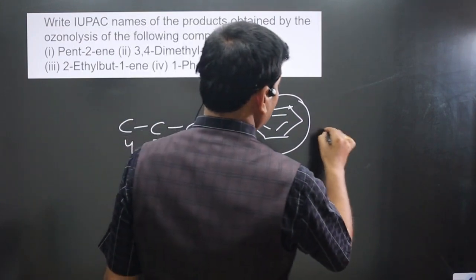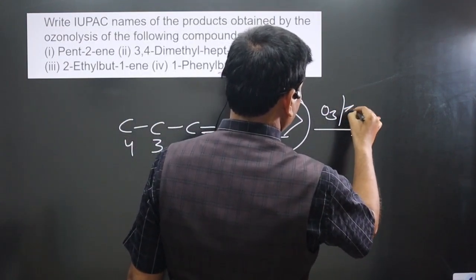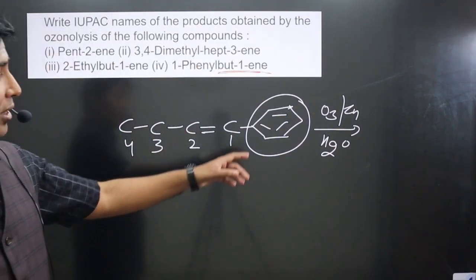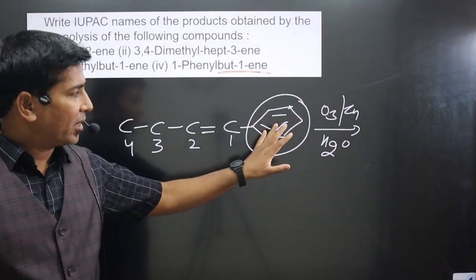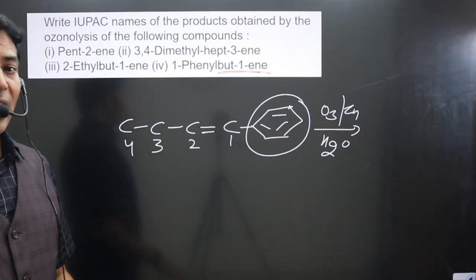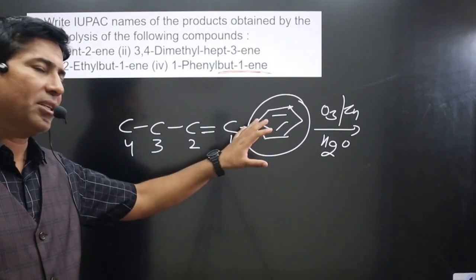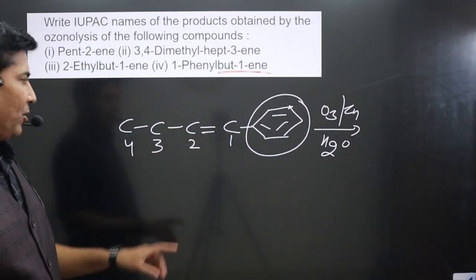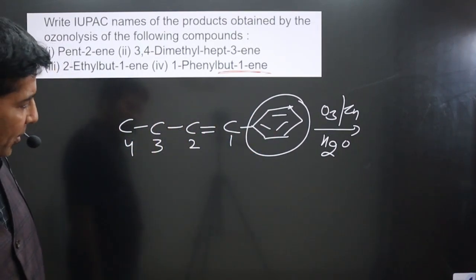Carry out ozonolysis, we have O3 and Zn, H2O. Keep in mind the benzene ring has double bonds, but you cannot break these double bonds because of its aromatic character. By aromatic character, a conjugated system, it is highly stabilized. So do not disturb this benzene ring, focus on this parent chain.